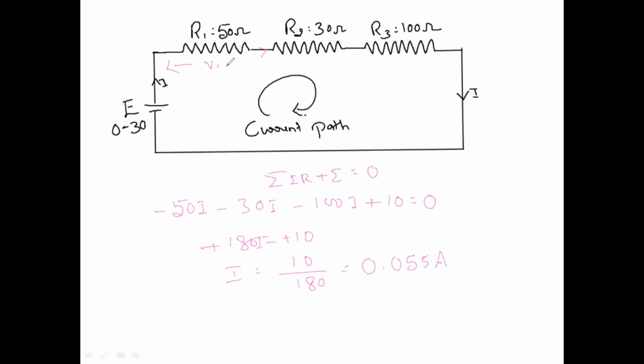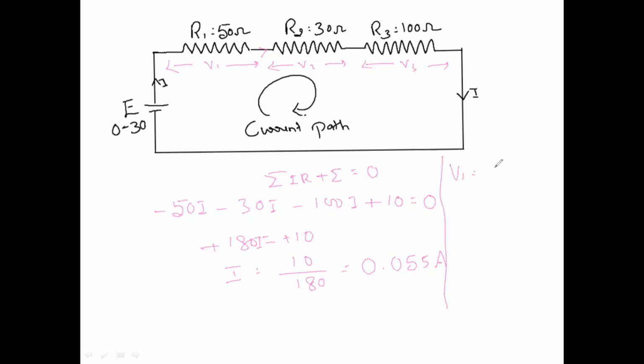Once you know this current, the voltage drop you can easily find out. V1 is equal to I into R1, V2 is equal to I into R2, and V3 is equal to I into R3. So I is calculated here, so you can directly find the voltage.